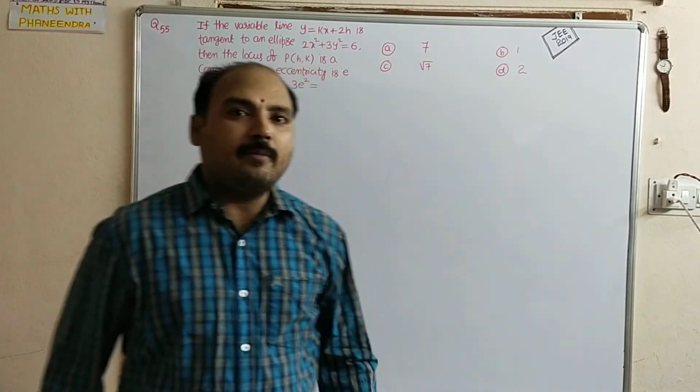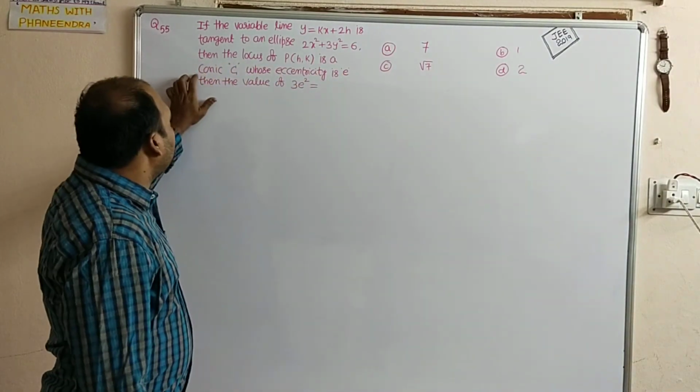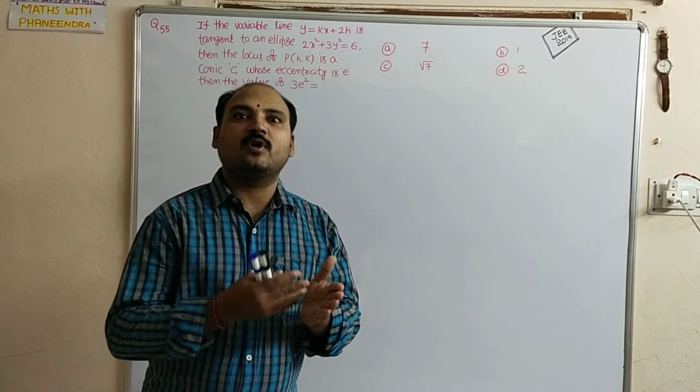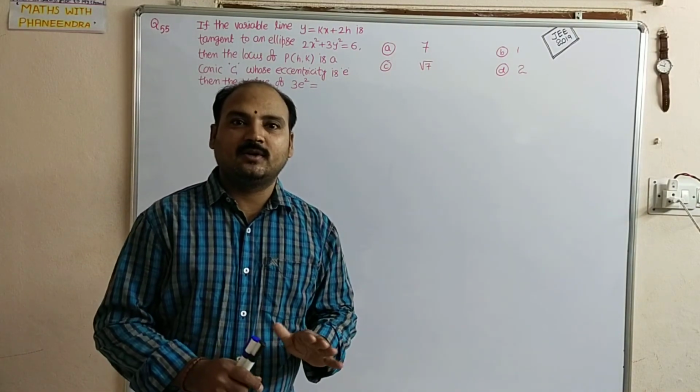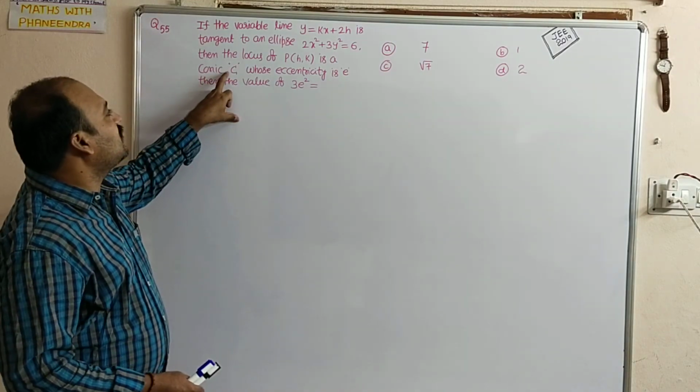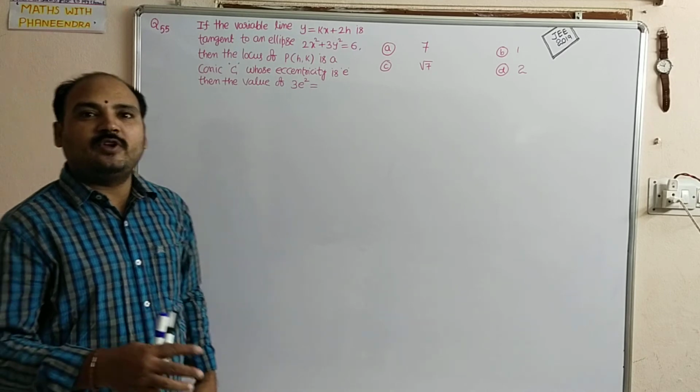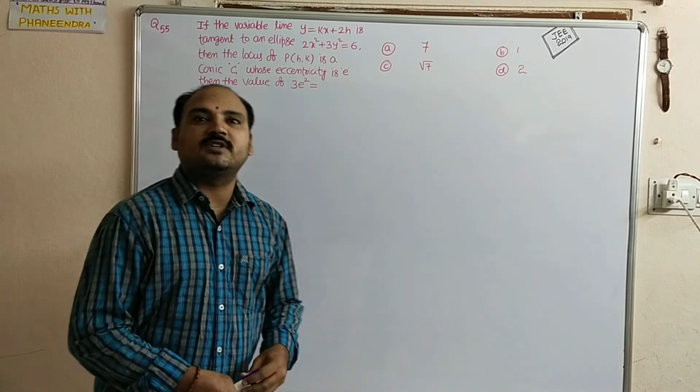Here remember dear students, they mention that conic, whether it is parabola or ellipse or hyperbola, we don't know. They mentioned C is a conic. By applying the condition, we will see which conic we get.